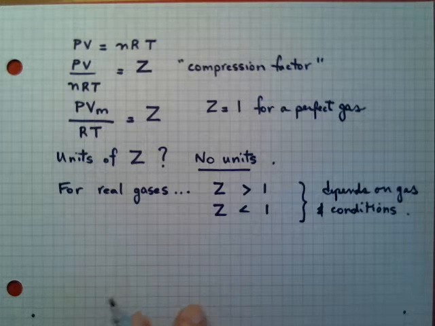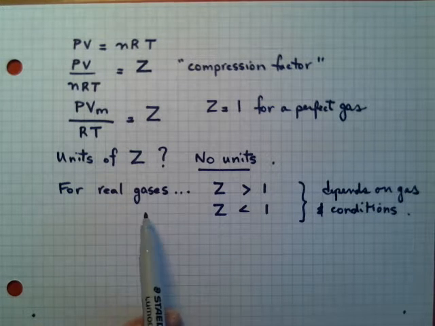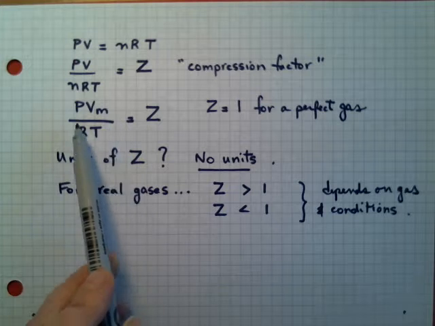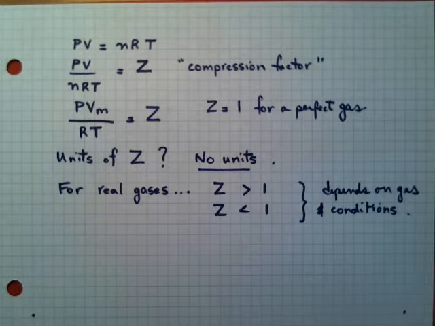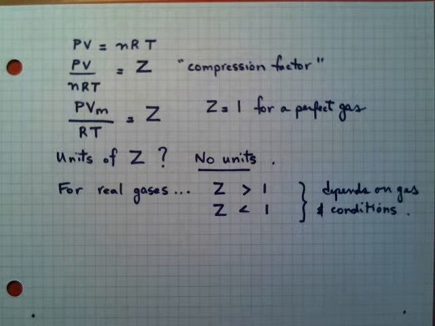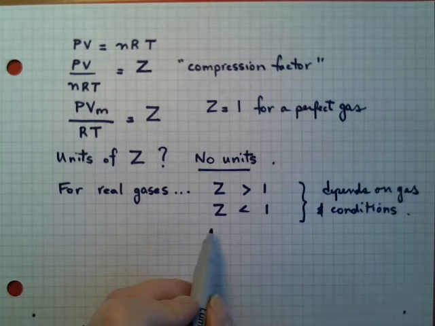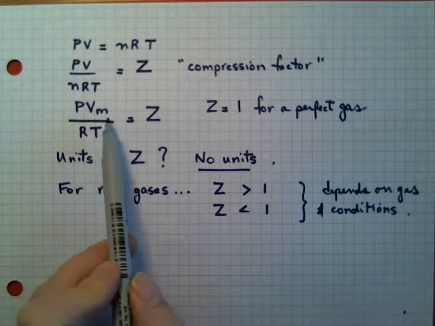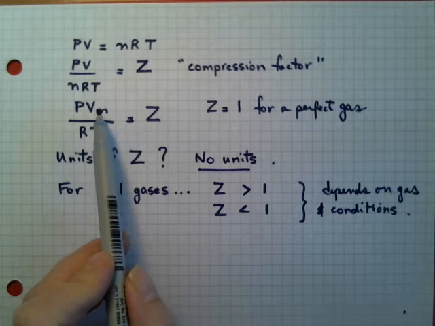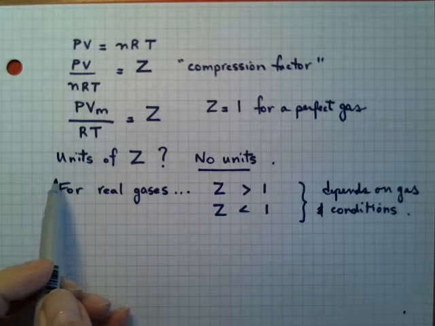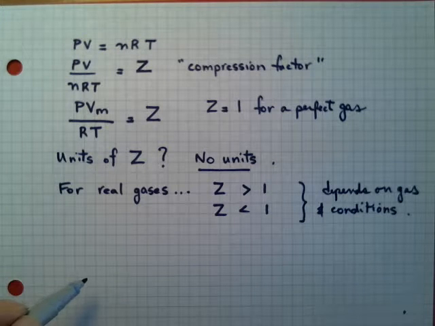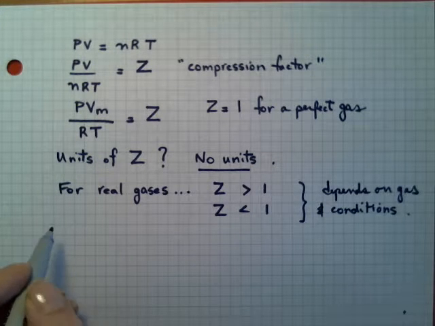So how come real gases do not have this expression equal to 1? I think we can very quickly state that in a real gas, the particles do experience intermolecular forces, and that has a real effect on how well this ideal gas equation of state or perfect gas equation of state actually applies. We talked about it being a limiting law already.